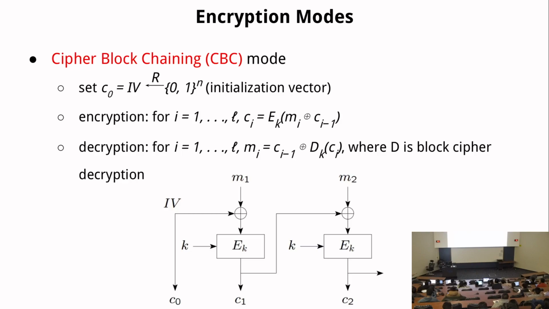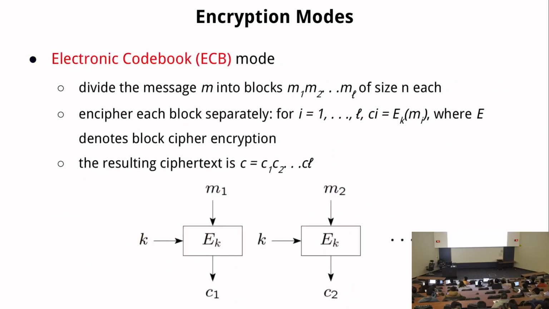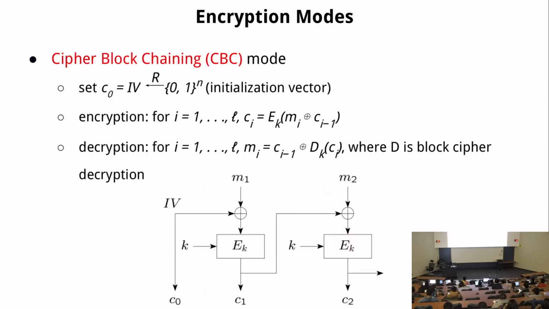So even if M1 and M2 are the same, the outputs C1 and C2 will be different. This is different from the ECB mode. In ECB, if M1 and M2 are the same, then the outputs C1 and C2 will be the same, because they go through the same deterministic algorithm using the same key. So using this CBC mode, we do not have the same problem as the ECB mode.